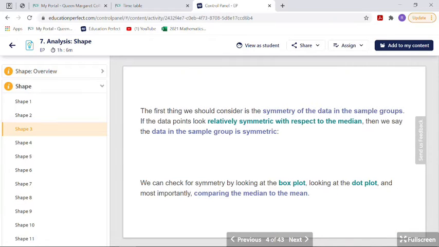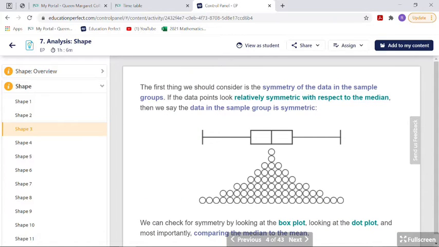The first thing you should look at is you should always consider the symmetry of the data. And remember, symmetry means that you get like a mirror image. It doesn't have to be perfect, but it looks like a mirror image. And when things are symmetrical, they're generally symmetrical with respect to the median, right? That's that number in the middle of the box. Now this one is perfectly symmetrical.